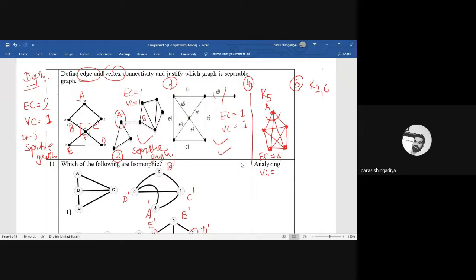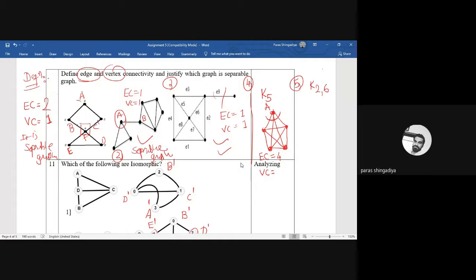Why? Because each and every vertex is connected to each other. If you delete a single vertex, then you will get a K4 shape. If you delete two vertices, then you will get a K3 shape. If you delete three vertices, then you will get a K2 shape. And if you delete four vertices, then the remaining is only one vertex. It is not a disconnected form.